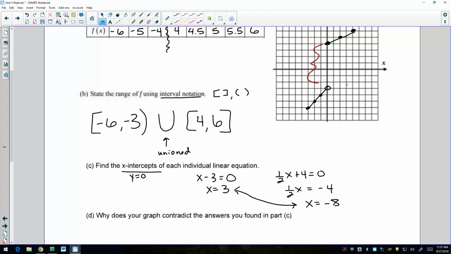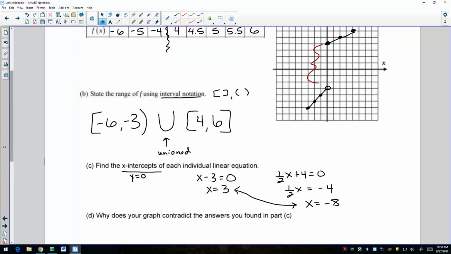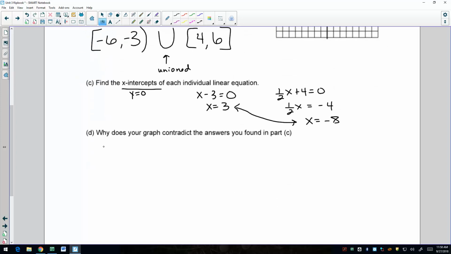Well, you'll notice on your graph, part D says, why does your graph contradict the answers you found in part C? I don't see the x-intercepts on my graph. These do not have x-intercepts at 3 and -8 like it says they should. So what that means is that there are no x-intercepts due to the restricted domain given by the piecewise function.